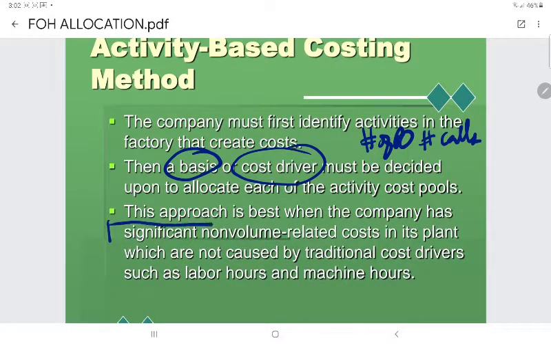Ito yung basis, no? Ayan. Unless otherwise stated. Okay? So, you have here a significant non-volume related cost. Hindi siya dependent doon sa dami ng pinuproduce mo. Diba?